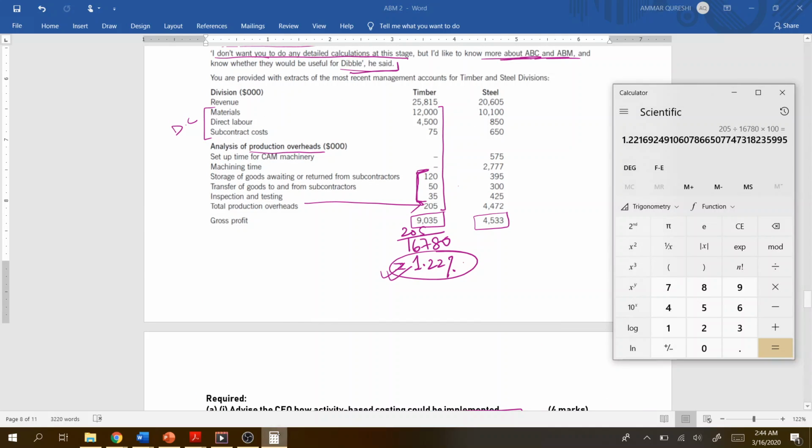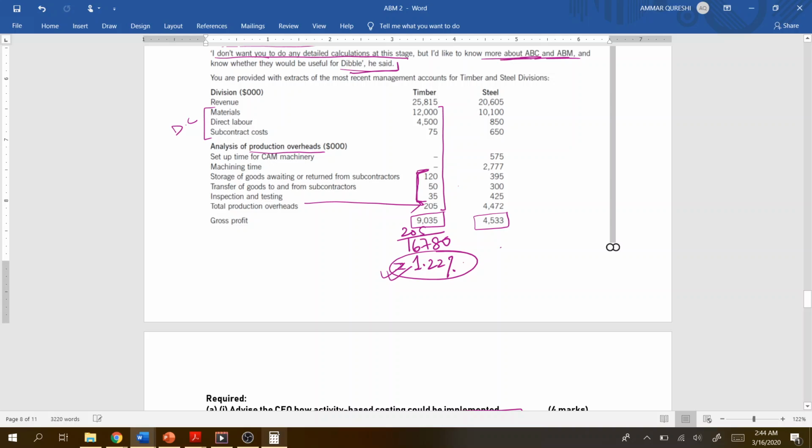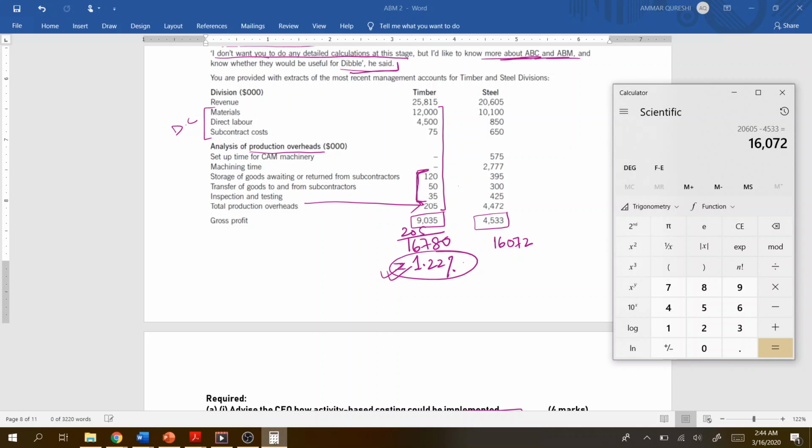Now let's see. The total overheads, we can calculate total cost. Profit is 4533, so we can take the difference between revenue and profit in order to get total cost. That's also a method. 20605 minus 4533, so the total cost is 16072, right?